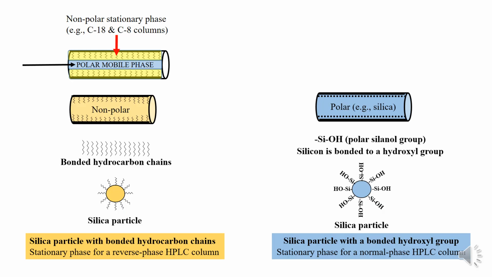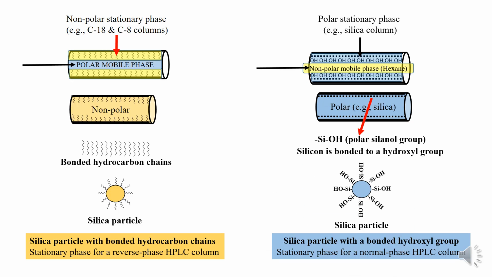So in a normal phase HPLC column, the polar stationary phase is tightly packed into the column, and the polarity conferred to this stationary phase is because of the silanol group. And through this stationary phase that is polar in nature, a non-polar mobile phase flows through the column at high pressure.